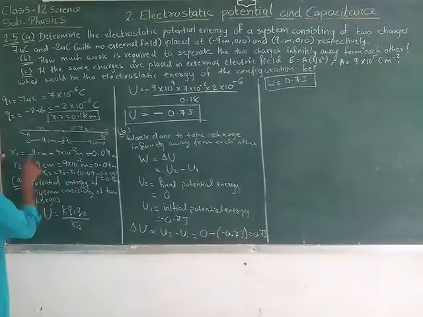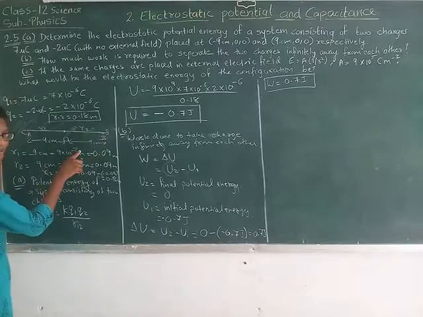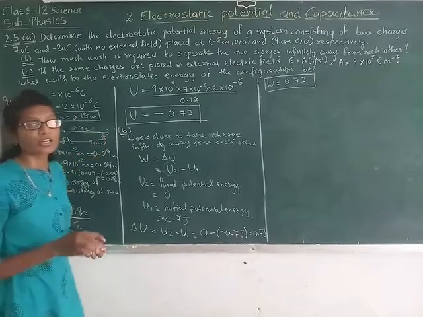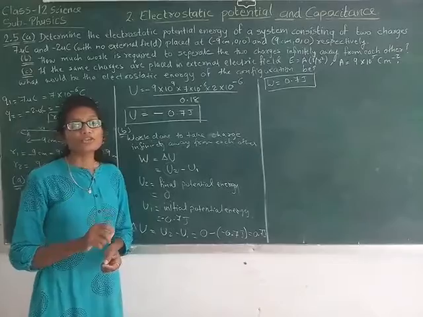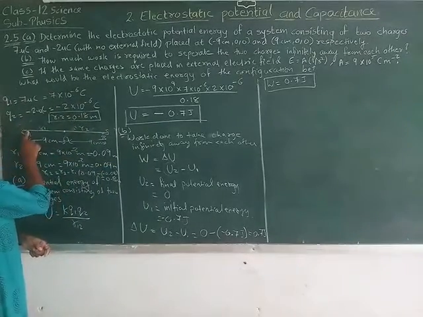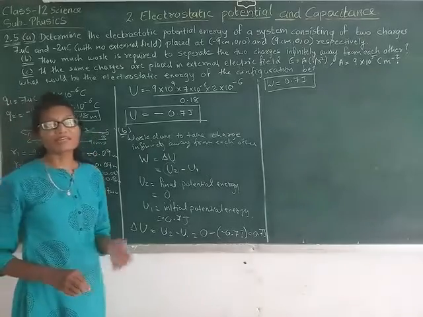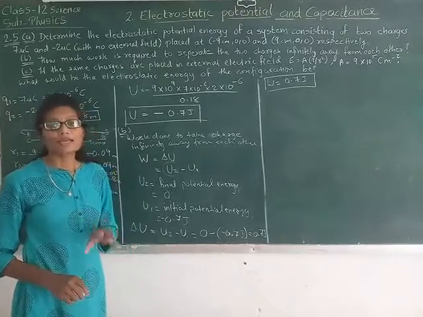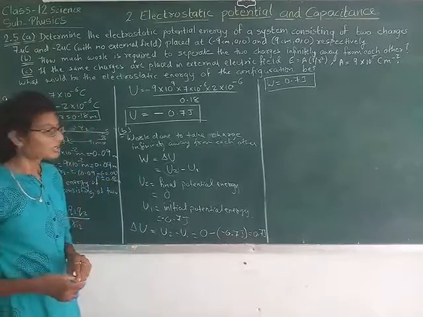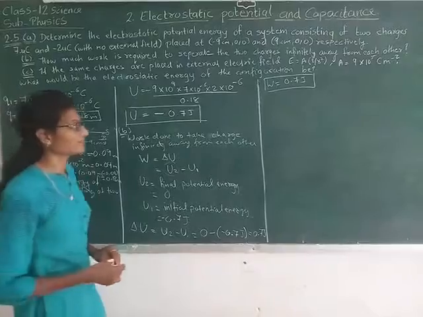That means, initially there is an external electric field, there is no charge. Now we need to bring first the Q1 charge at point A and Q2 charge at point B, and find the total electrostatic potential energy of the system which is in the external field.